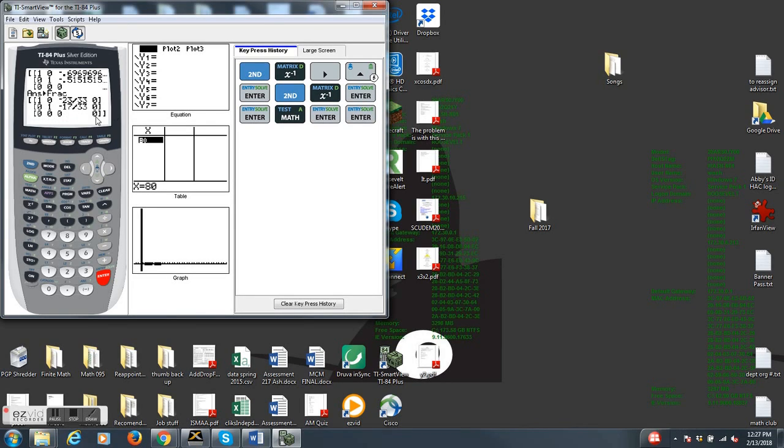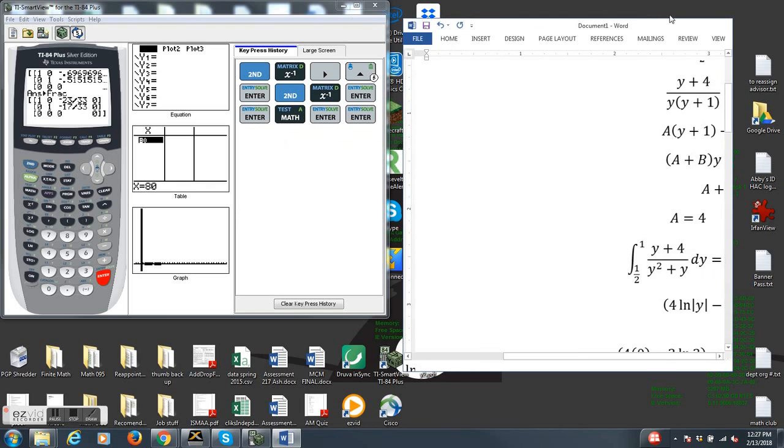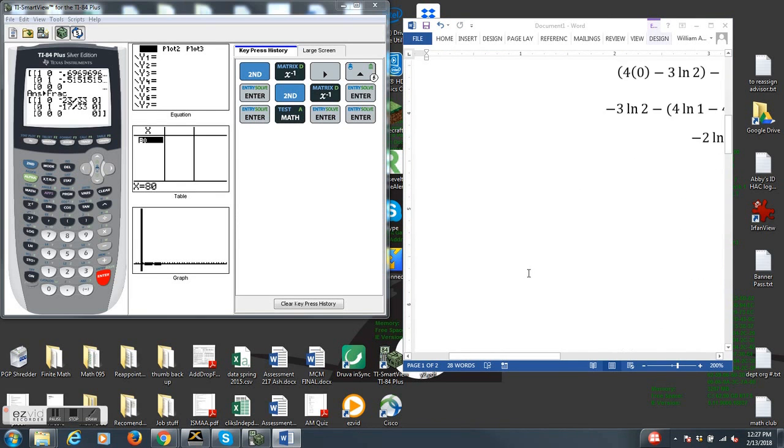That means I'm going to have to go back to equation world. Let's just scroll down to the very bottom. So from here, that's x1, x2, x3, answer.